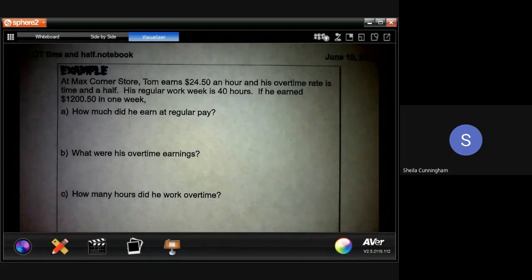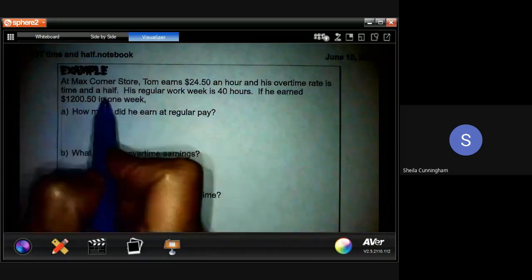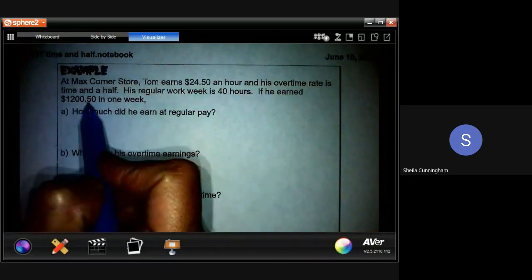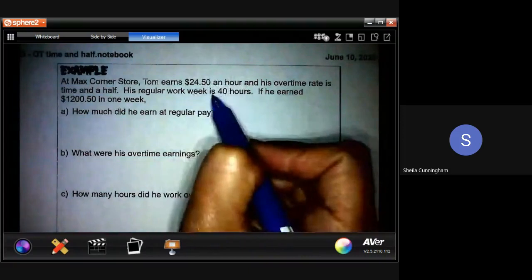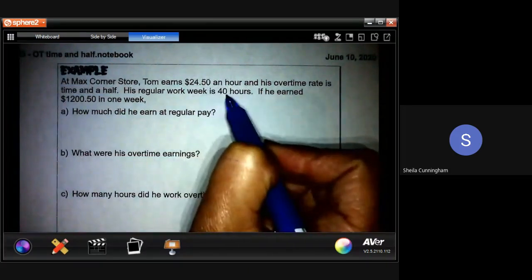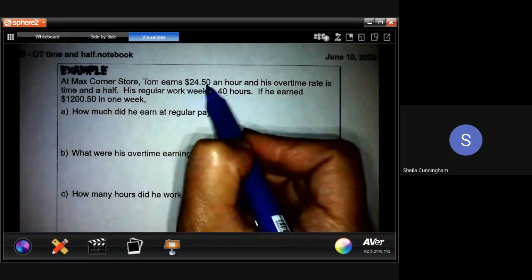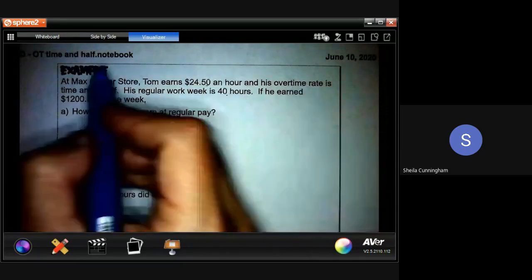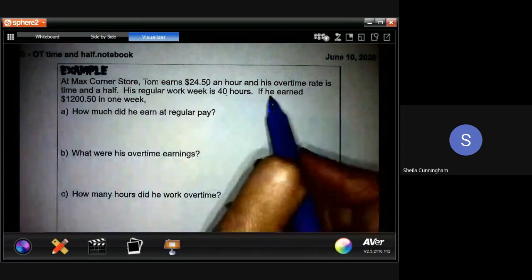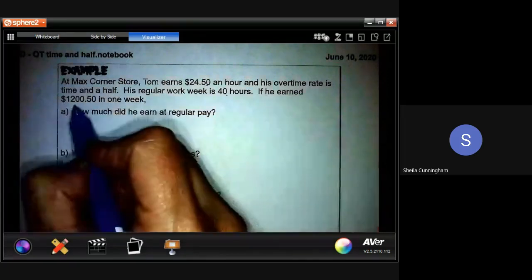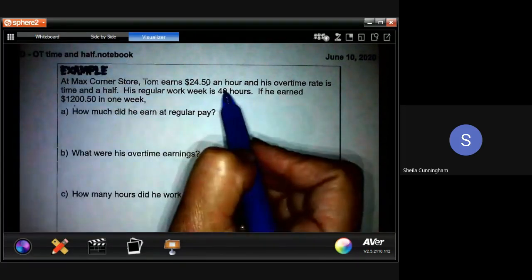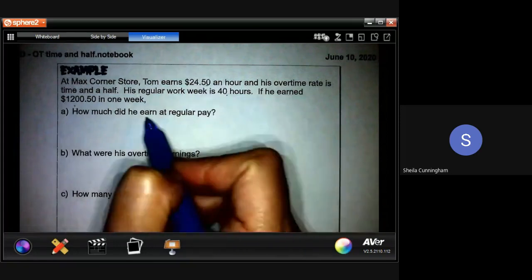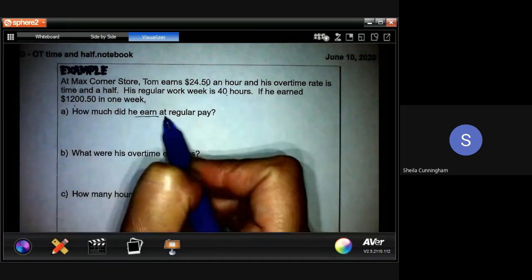So this one's kind of working a little bit backwards from what we're used to doing. So we know in total how much he made for the week. We know a basic regular work week for him is 40 hours. He earns $24.50 for an hour. His overtime rate is time and a half. So we need to know how much he'd earn at regular pay.